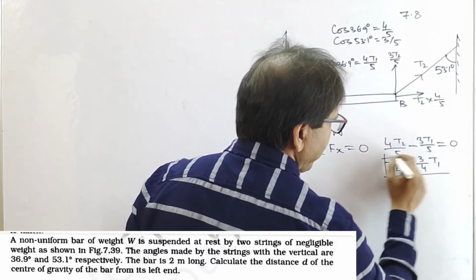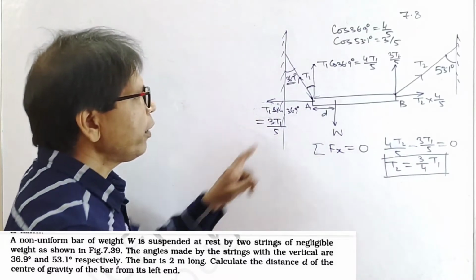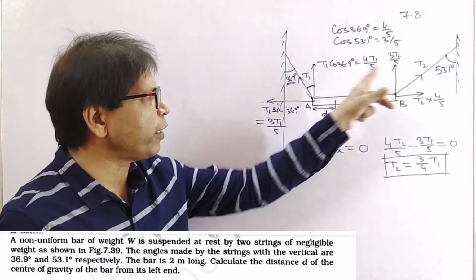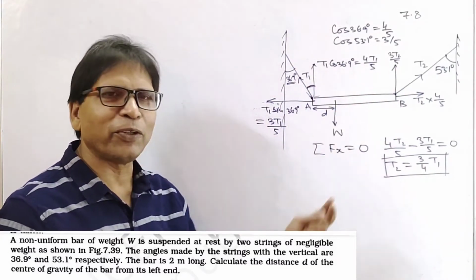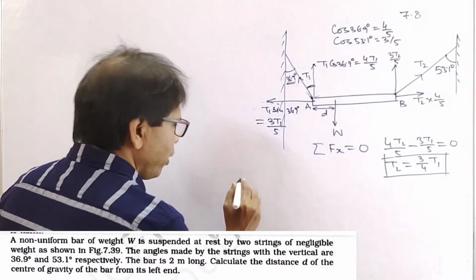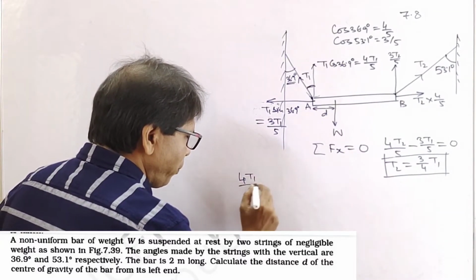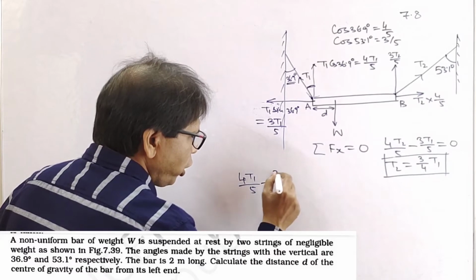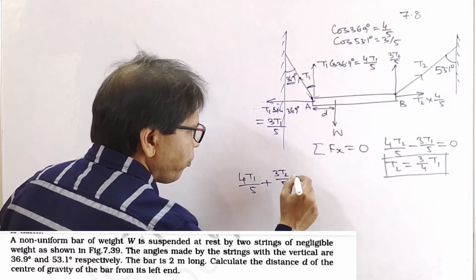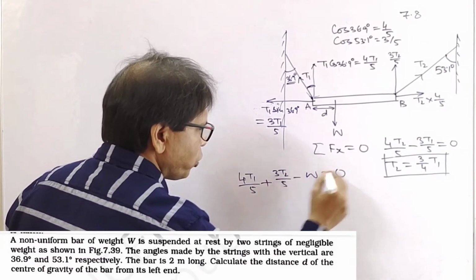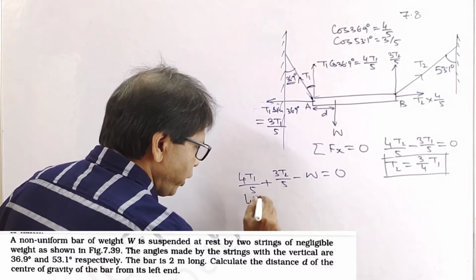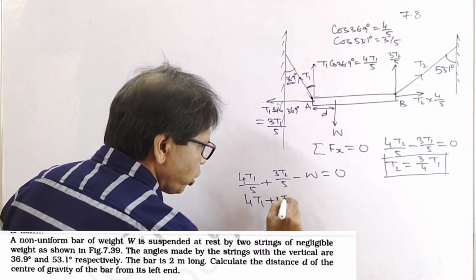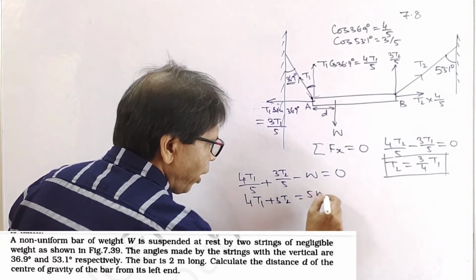This is equation number 1. Now this force plus this force minus W equals 0. Here 4 T1 by 5 plus 3 T2 by 5 minus W equals 0. So 4 T1 plus 3 T2 equals 5W.